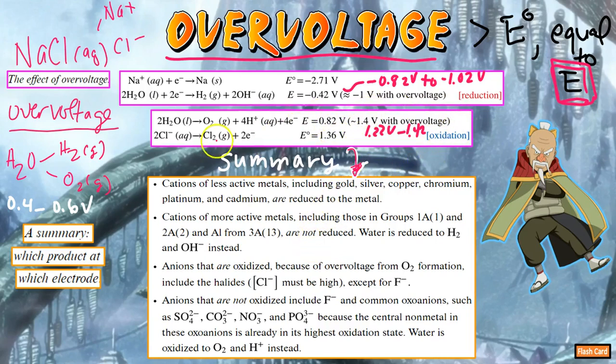And so that overvoltage is taken into account when you are producing gases. And so since water is producing those gases, we have to take the overvoltage into account. And that's why we see those non-standard cell potentials for some of our water half reactions.